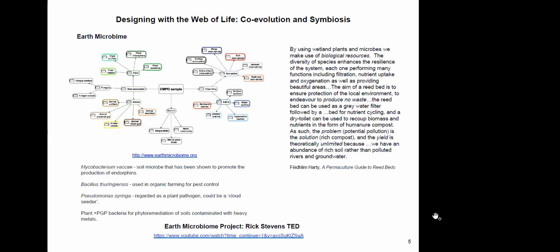I put just one little quote there on the right-hand side from a book called A Permaculture Guide to Reed Beds, because what the author here is stressing really is that the waste we're dealing with when we're dealing with wastewater treatment is really food for all the microbes, and we do it by using plants that have a symbiotic relationship with the microbes.